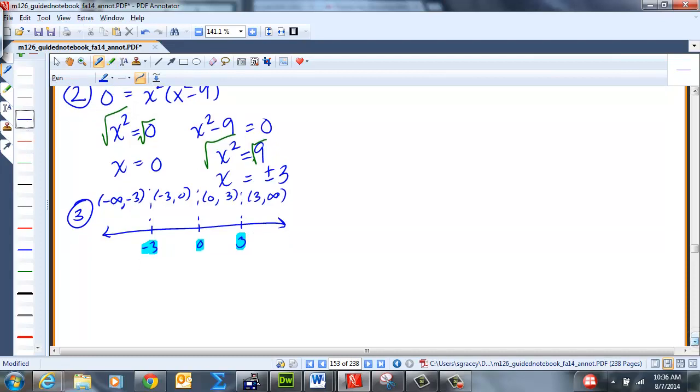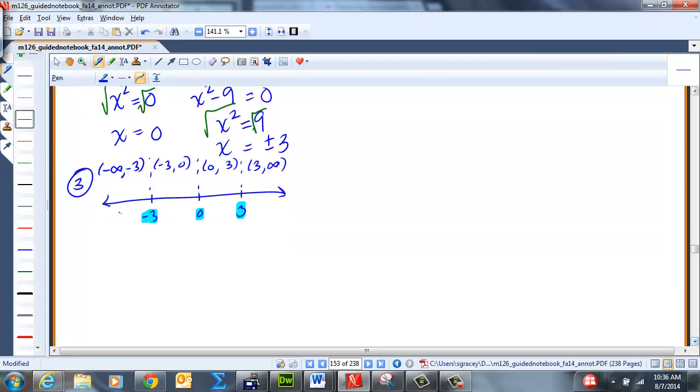So now we need to pick test numbers. So what do you think? Yep, -4 will work. How about -1 and 1 and then 4? So f of x was equal to x squared times x squared minus 9.